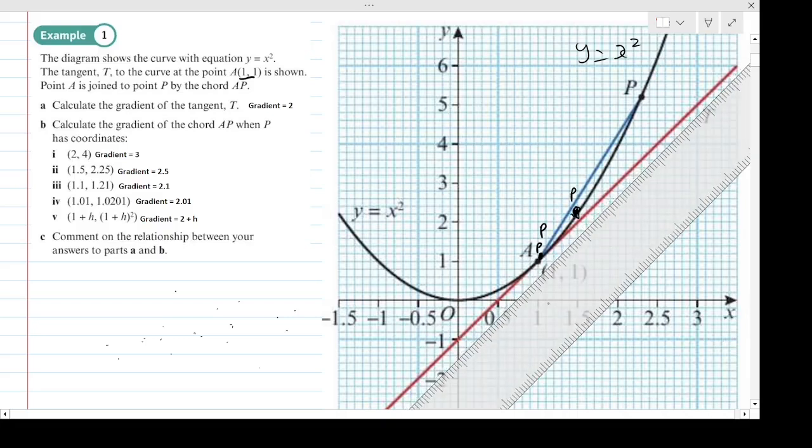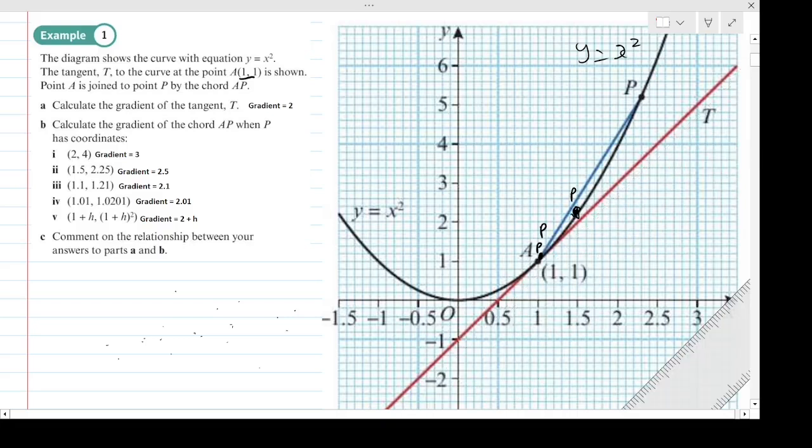And so what we said is just add a number H on at the end, right? So we start at 1, then we add a number H. So H is basically the gap between A and P. And so then the gradient in this case was 2 plus H.